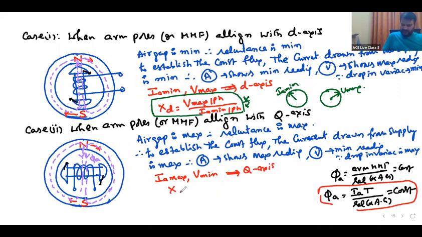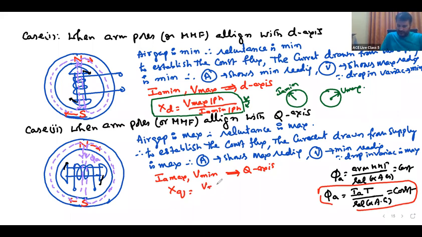Therefore, what is XQ? XQ is equal to voltage by current. Reactance is equal to voltage by current. So we know the voltage and current. V minimum divided by IA maximum. Of course, they may be given directly as line voltages, and we need to convert into per phase.